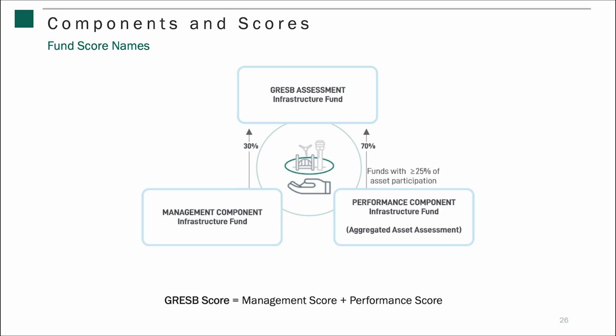The remaining 70% is determined by the underlying assets if more than 25% of the fund's underlying assets complete the infrastructure asset assessment. The weighted average scores of these assets give the fund the Performance Score Infrastructure Fund. The management score and performance score for the fund add together to form the GRESB score for the fund.